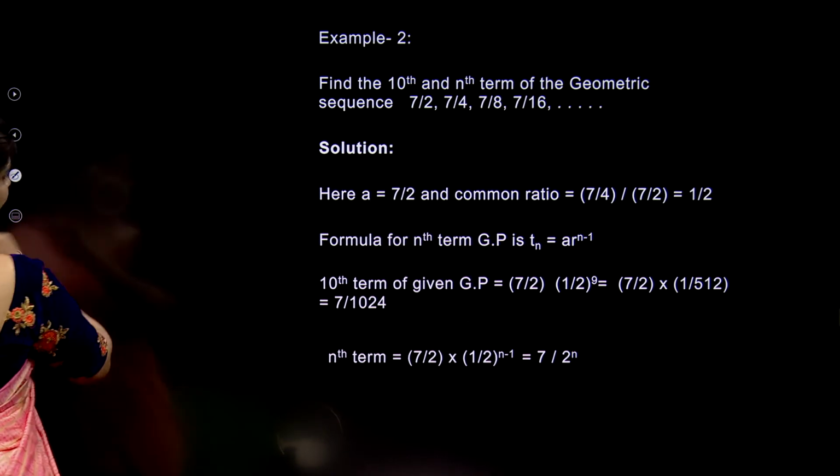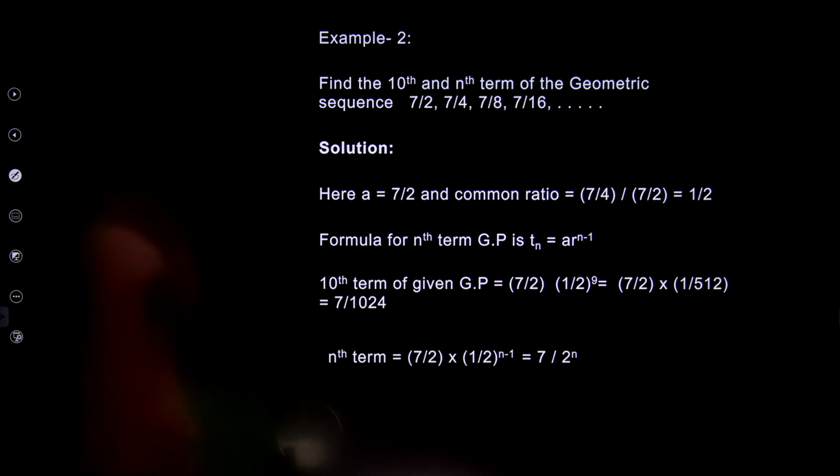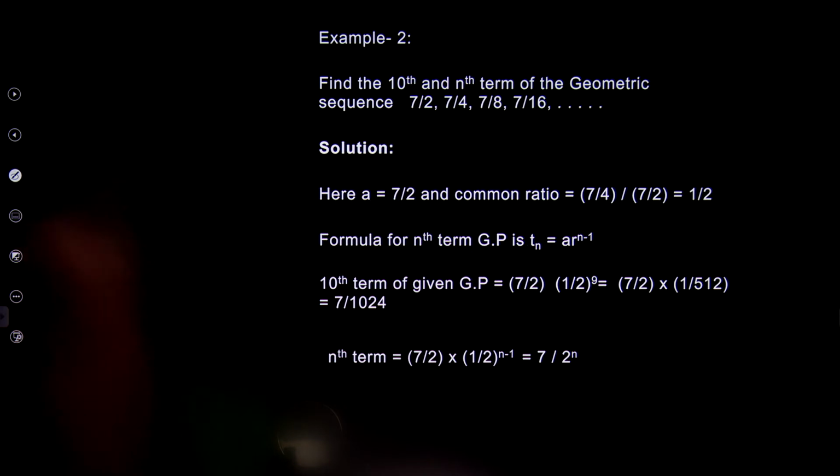Note down, children. 7 by 2 into 1 by 2 whole power n minus 1 can be written as 7 by 2 power n. After solving the equation, we will get 7 by 2 power n.